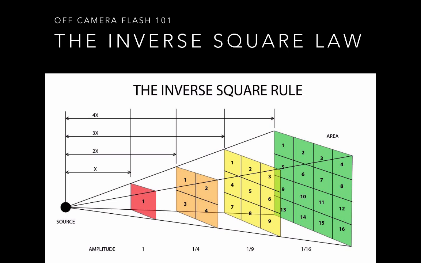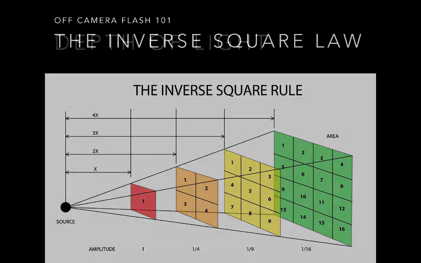So every time you double the distance from the subject, you increase the area that light hits by 4 times, which cuts your light down by 1/4. That's basically what the inverse square law means. So as you back a light up or move a light forward, you're either decreasing by 4 times or increasing by 4 times every time you double that distance or cut the distance in half. That's basically what the inverse square law does for you.